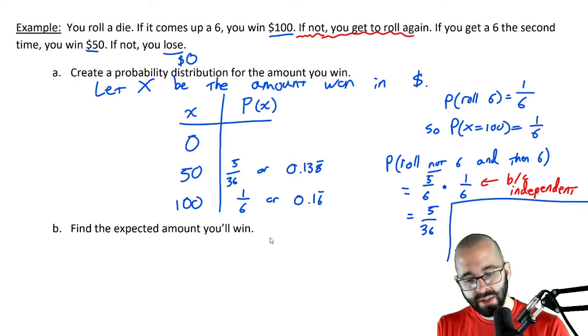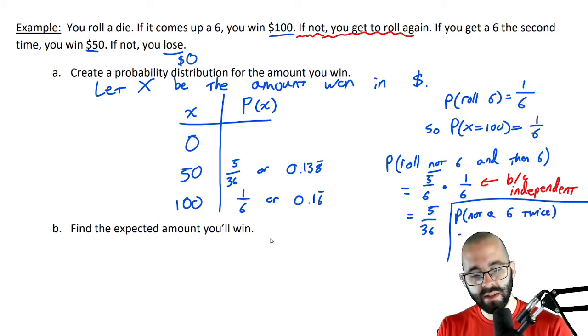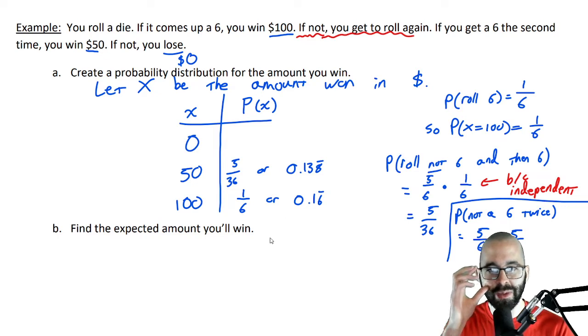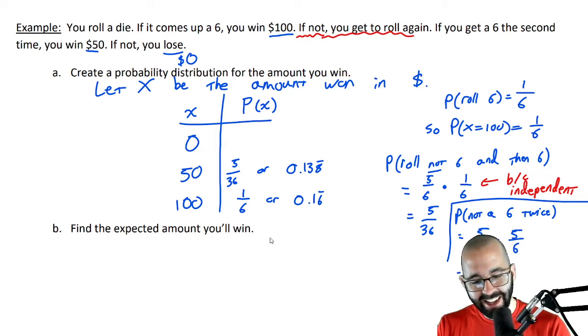What's the probability that we don't get a 6 twice? Well, that's 5/6 twice. Multiply them together, they're independent. And it's an and, multiplication. You get 25 over 36.